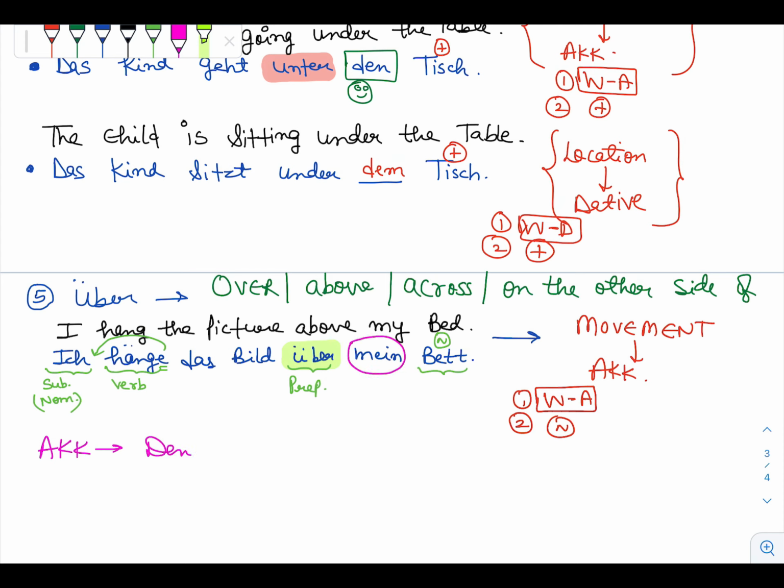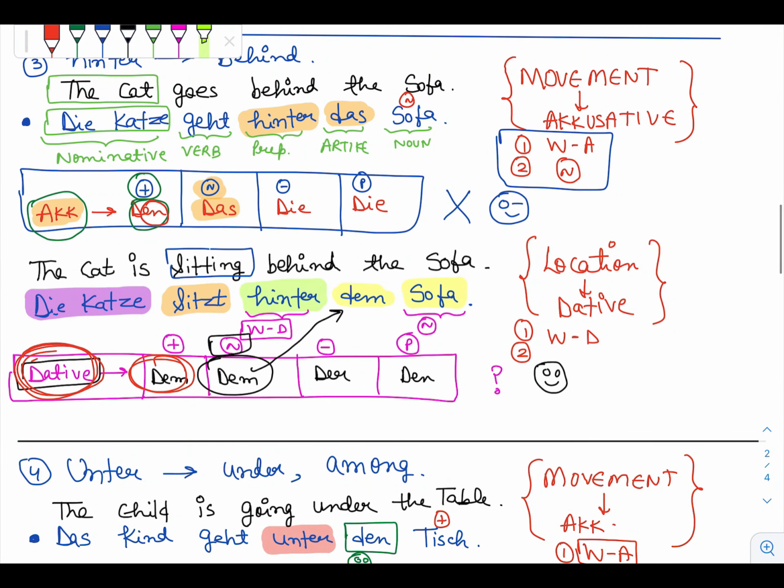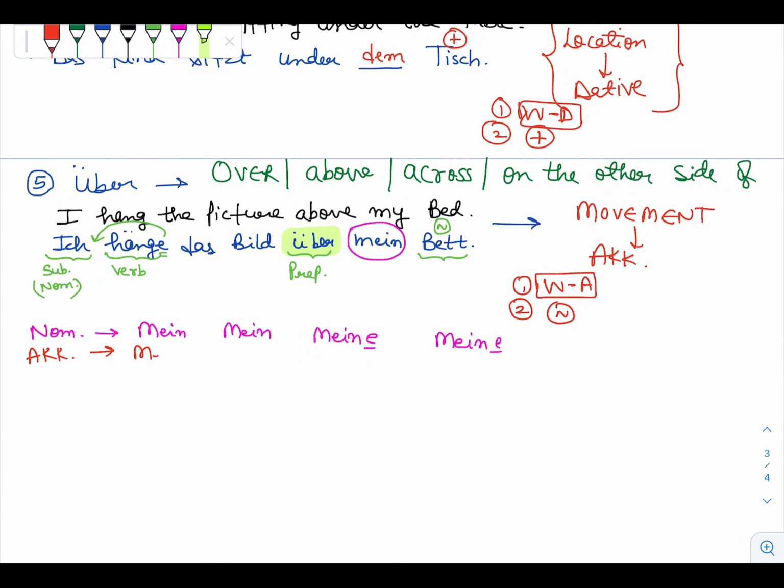Then okay, here we are using mein, like a possessive one. So in possessive, what do we write in nominative? Mein, mein, meine, e ending in meine. And in accusative, I explained to you in the possessive lecture that again we will add the same as here, we just add en.